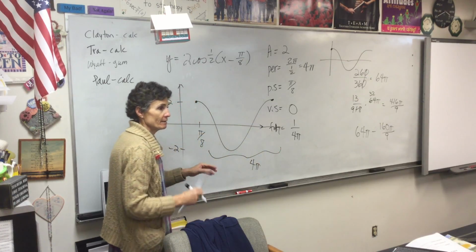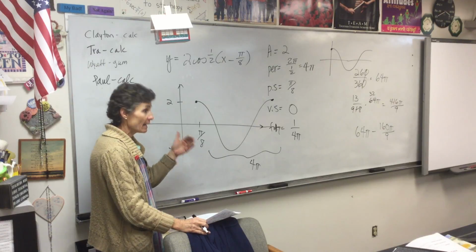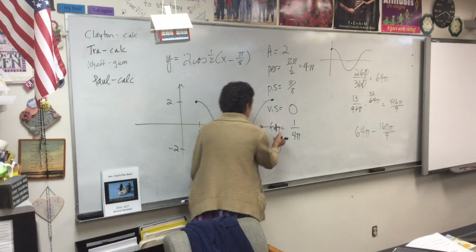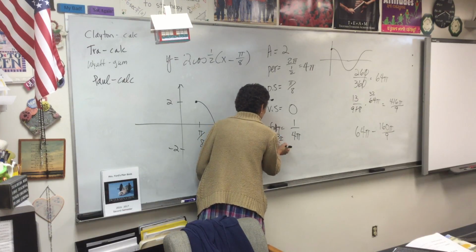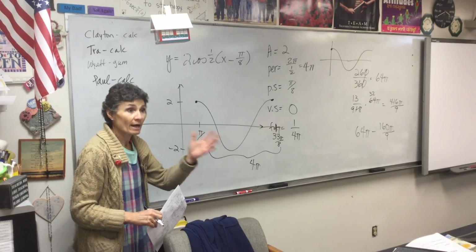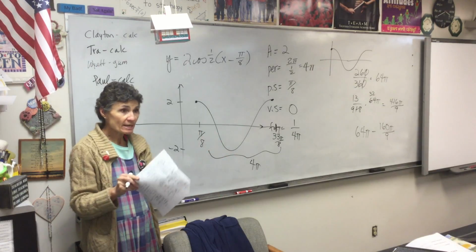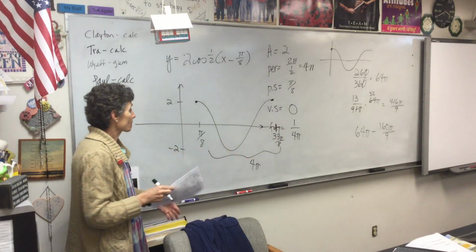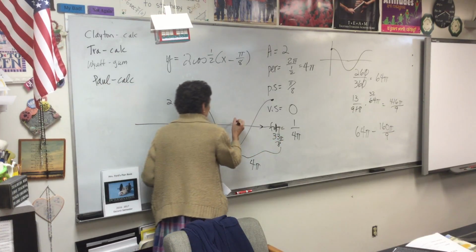So where will you end? At 4 and 1/8, right? Now we're going to be doing some arithmetic with that, so I'm going to write 33 pi over 8. But that's the same as 4 and 1/8. You're starting at 1/8, going 4. 4 and 1/8.